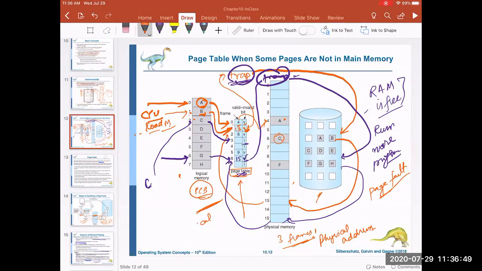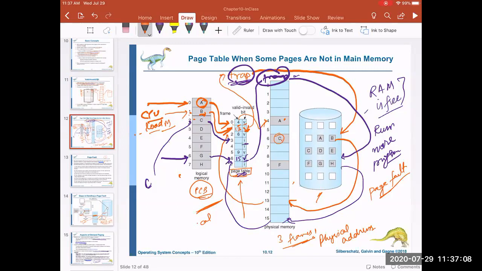What is demand paging? Demand paging is: whenever a process requires a particular page, only then is it called from the backing storage, or the secondary storage, and put into the main memory, and then the process is actually initialized.